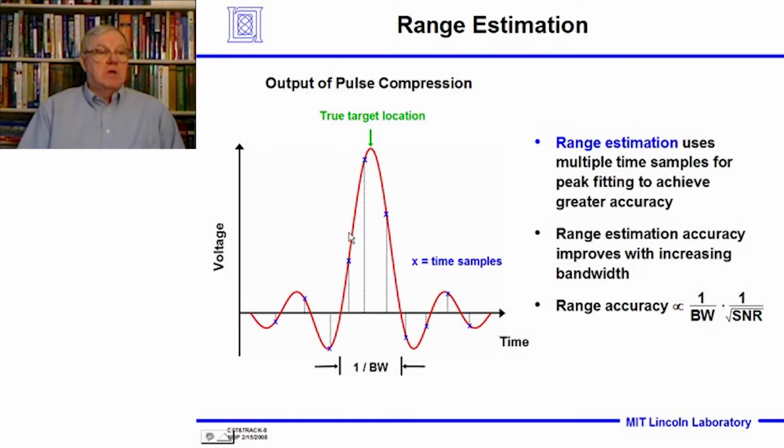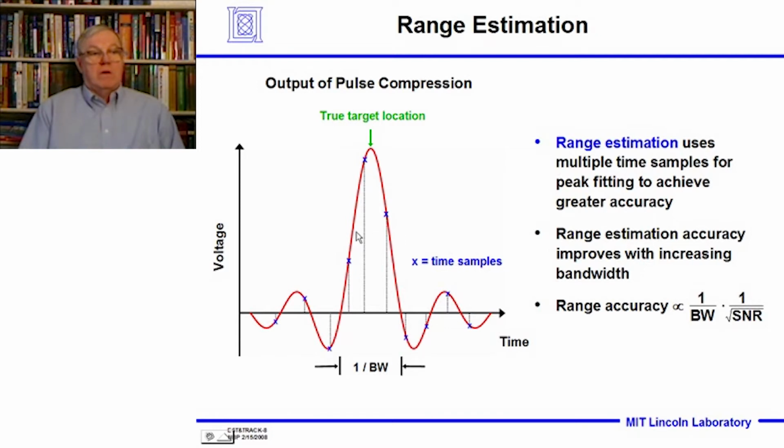So we can use a number of different techniques. We can take these estimates and fit them to the curve where we know the matched filter output to be. We can take a weighted average, weighted by the output of the amplitude, and see where that would be. That would be very close. And this range accuracy will improve if we increase the bandwidth.